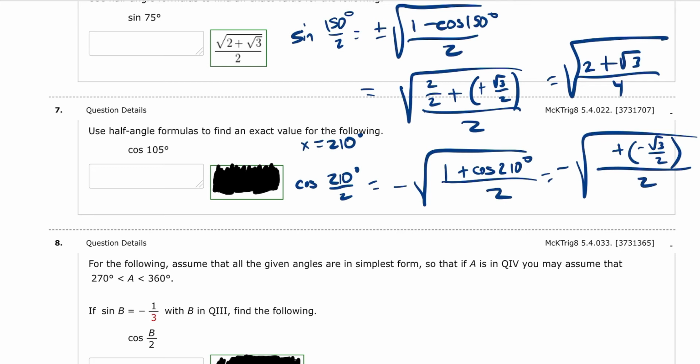Once again, I'm going to change the 1 to be 2 over 2. And same as before, we're going to end up with a negative radical 2 minus radical 3 over 4, but the square root of 4 becomes 2. So this should be our final answer here.